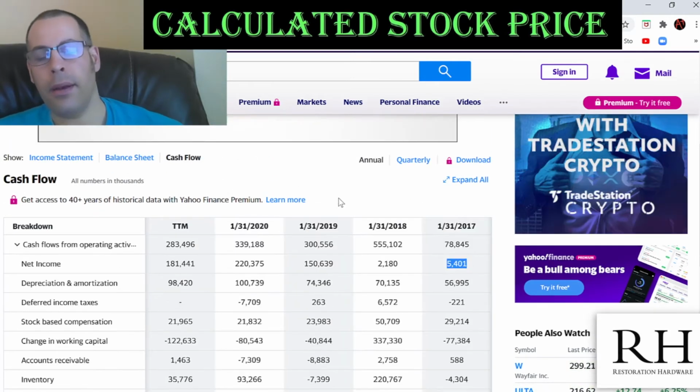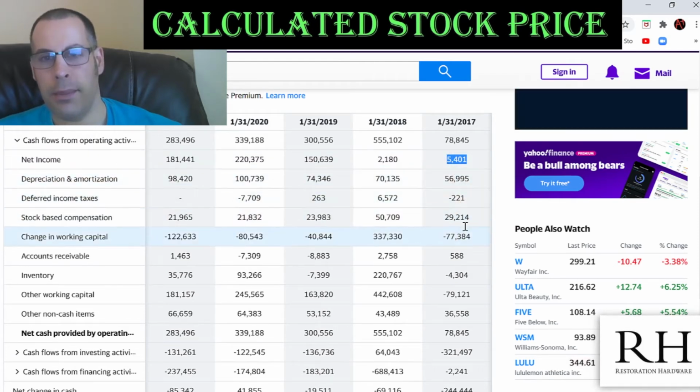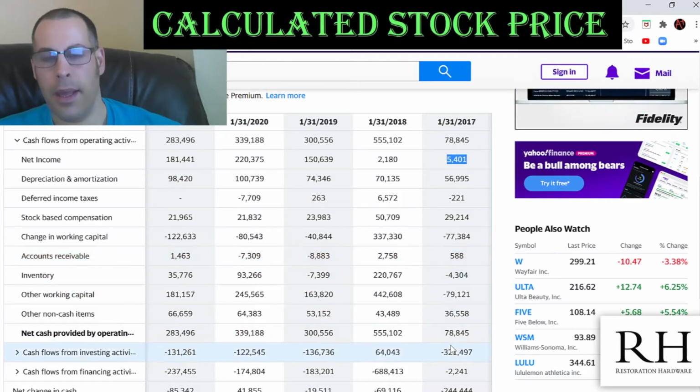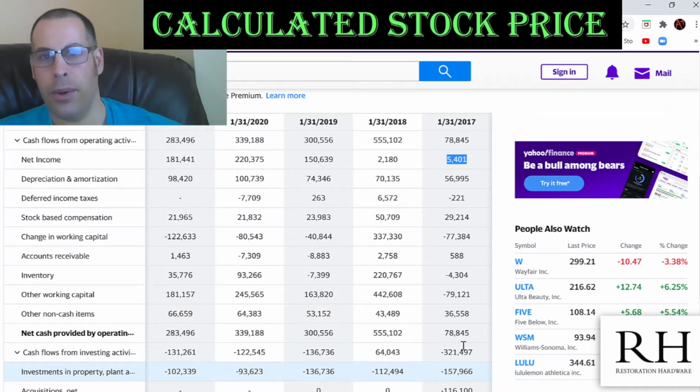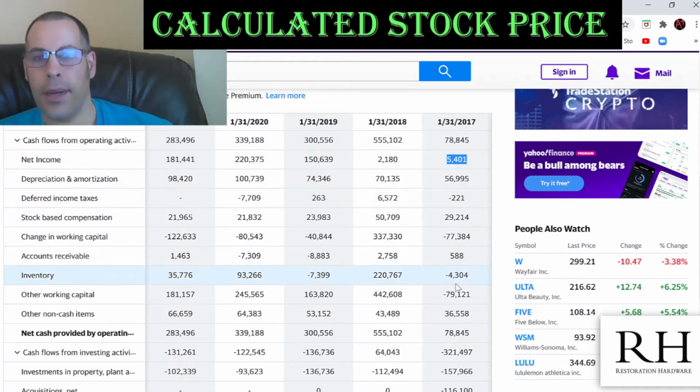The way you calculate free cash flow is you take the net income and then you add back the non-cash items on the income statement. And then you subtract the investment in property, plant, and equipment. So you can see in 2017 they had $5.4 million of net income. And when you add back the non-cash items, it comes up to $78 million of cash flow from operations.